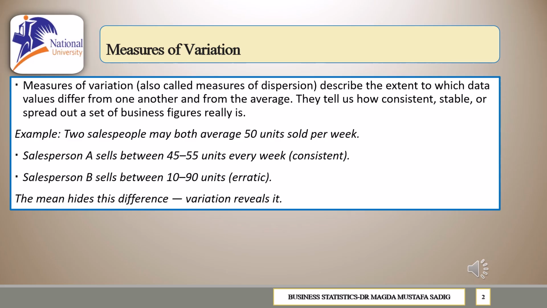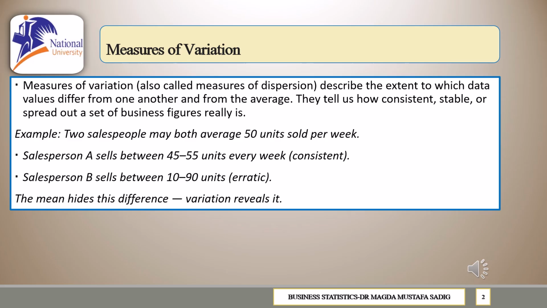Measures of variation are also called measures of dispersion. They describe the extent to which individual observations or values differ from one another and differ from the average. In simple words, they tell us how spread out the data are.